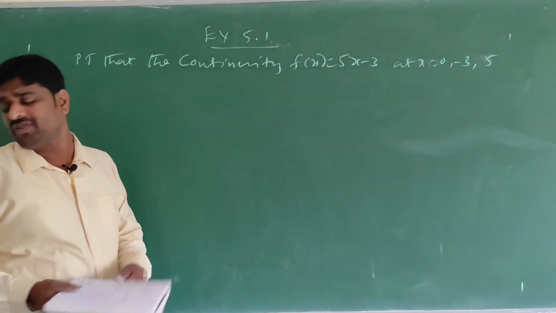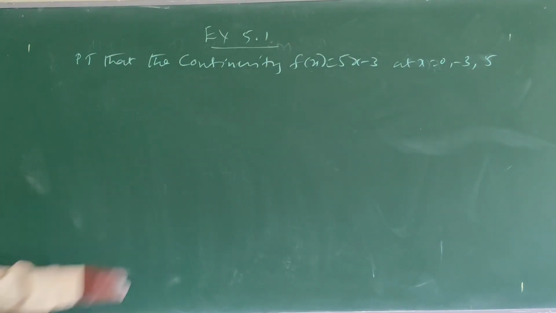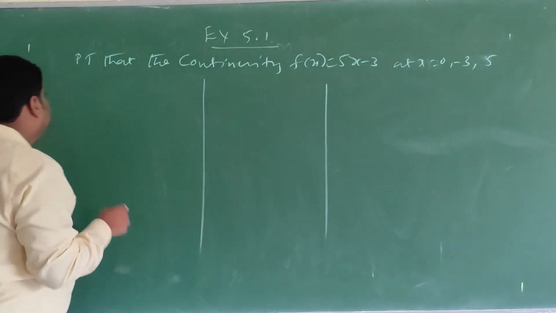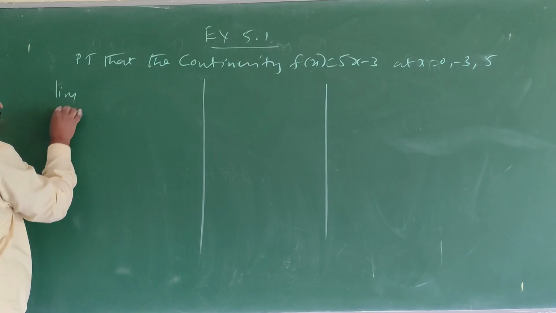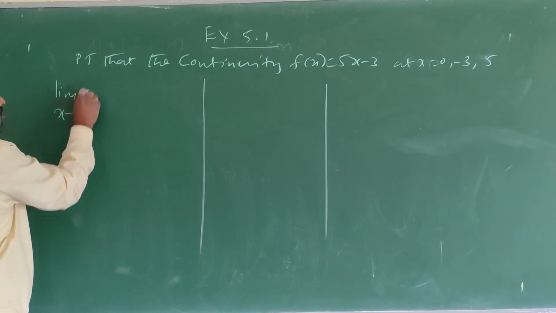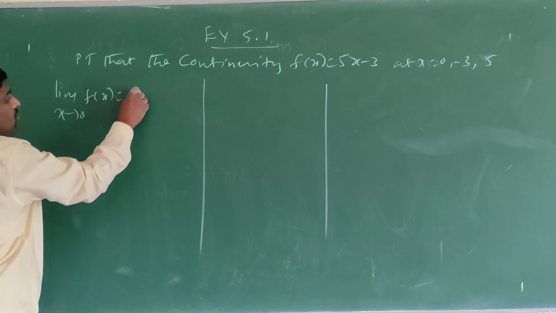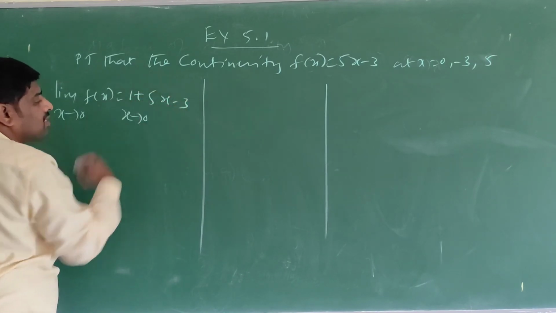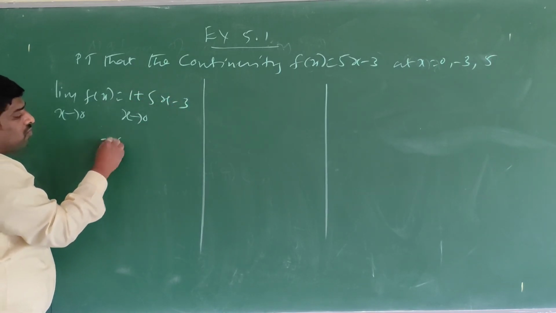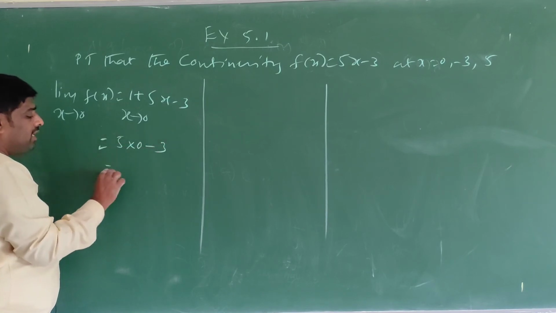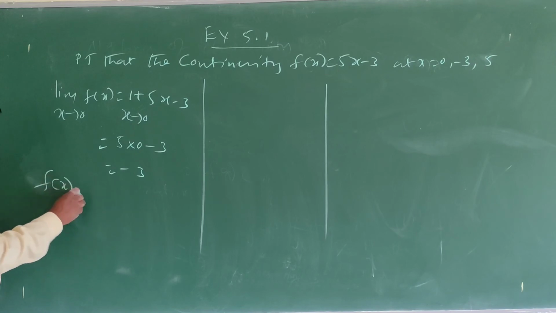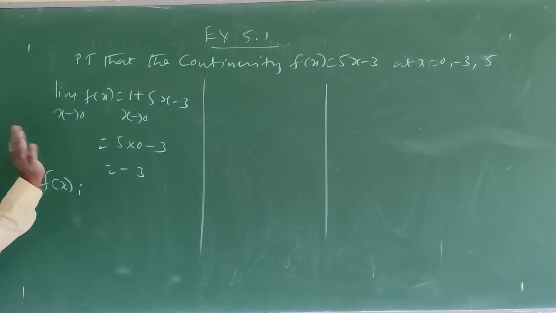Very simple, we just find the value. See children, limit x tends to 0, f of x is equal to limit x tends to 0, 5x minus 3. Therefore 5 into 0 minus 3, that is minus 3. We just have to find the value, that's all.